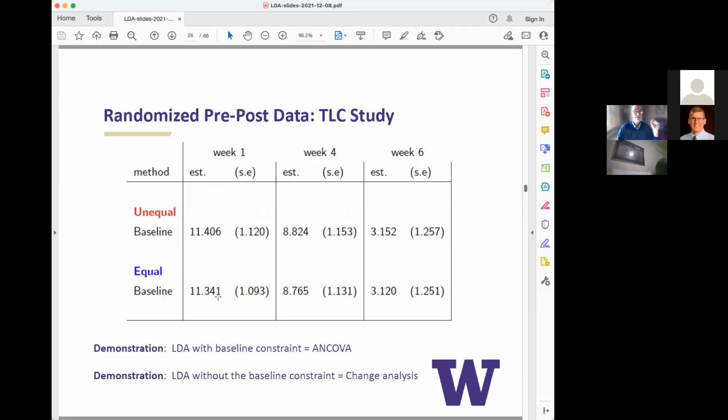If I make the assumption of equal means at baseline, this longitudinal analysis recovers very closely. The point estimates are identical. The standard errors are ever so slightly different. So I wanted to just say to you all, this is an empirical demonstration, actually, that the longitudinal analysis with the baseline constraint recovers the ANCOVA time by time. This is a complete data set, so it should recover it time by time.